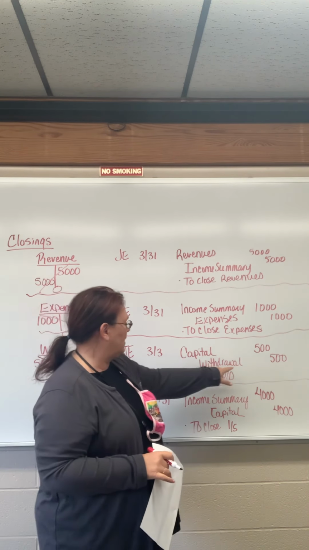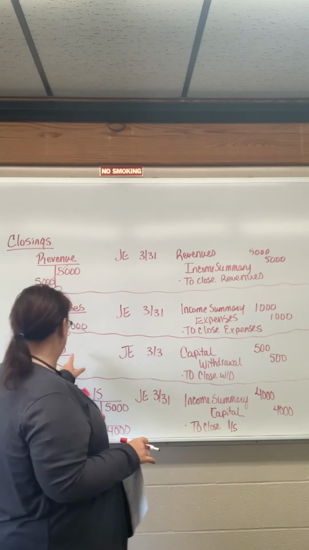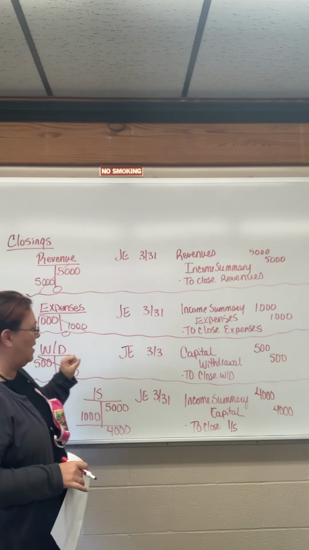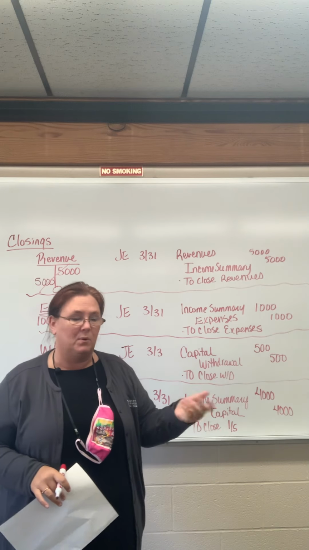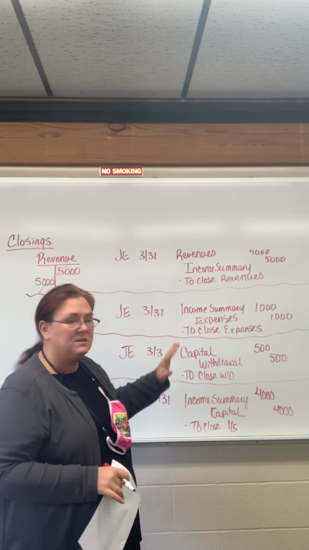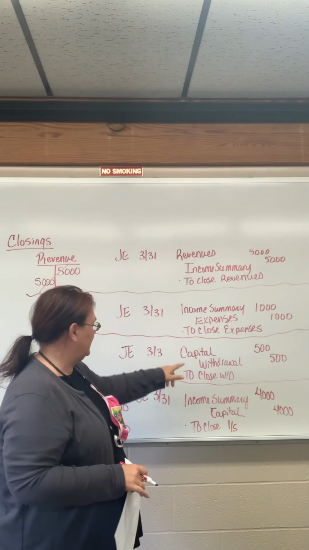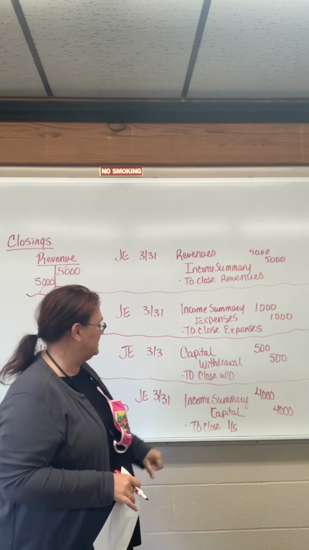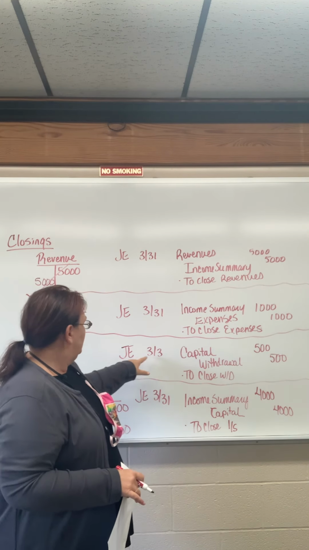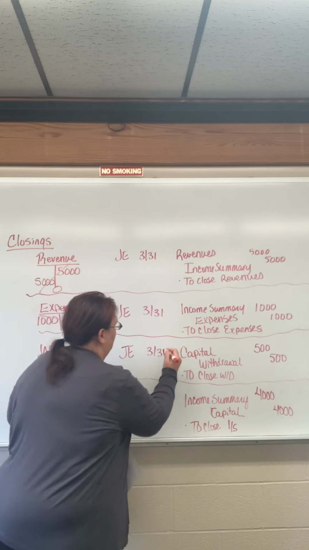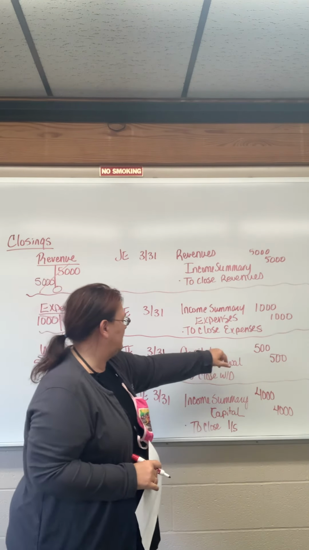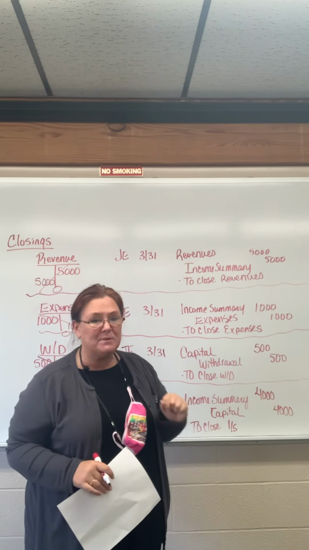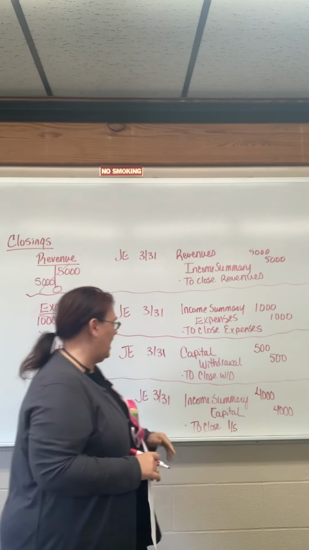So the withdrawal has to be a credit to close out this account, but the capital account is the debit portion of that entry. Everything else is the same information. The only thing that's different is that this doesn't go into the income summary. So the journal entry, let's fix that, 3/31: our withdrawals has to be credited. The debit has to be the capital account for the $500.